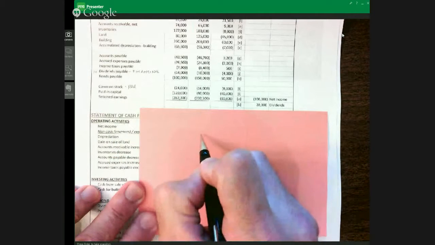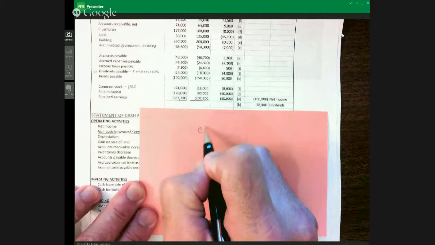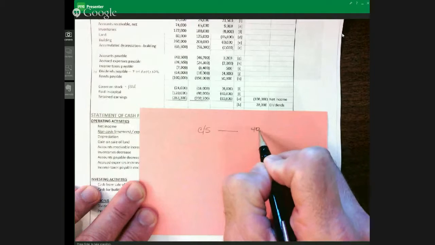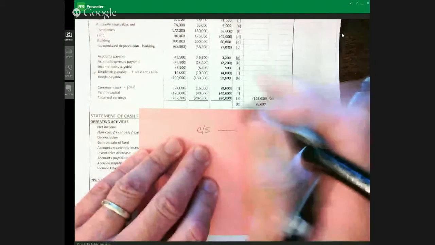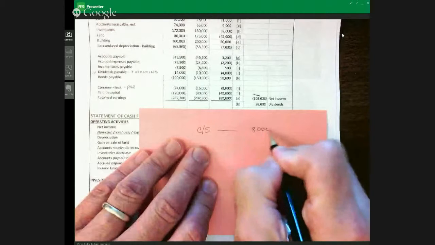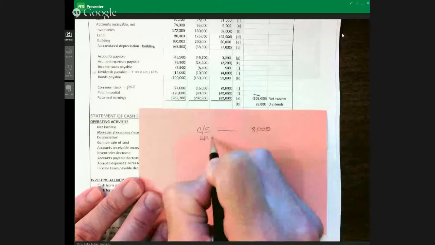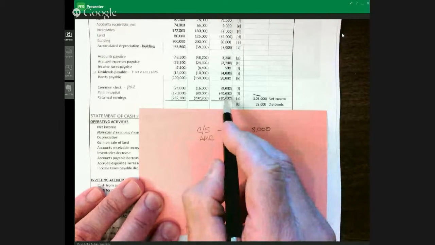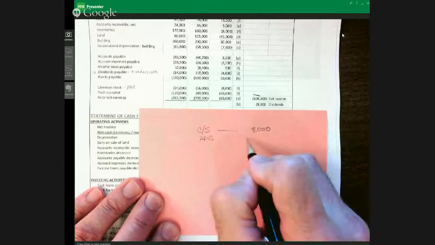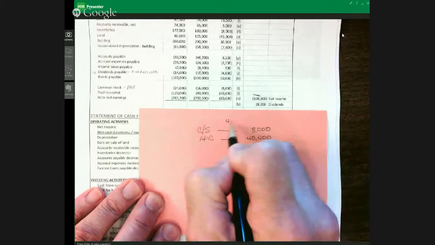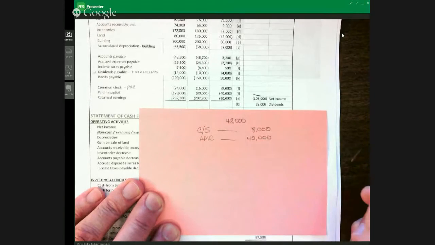So the journal entry to record the issuance of stock would be an increase in the common stock account, $8,000, and I will abbreviate common stock CS, and the additional paid-in capital went from 80 to 120. It increased $40,000. So let's increase additional paid-in capital. We would need to balance this entry with a debit side entry of 40 plus 8, or $48,000.